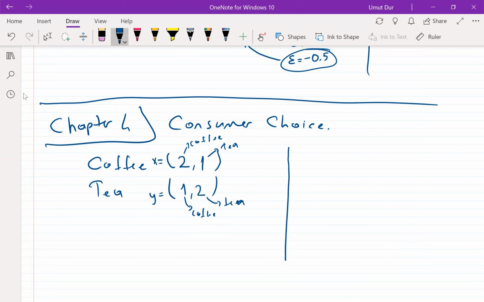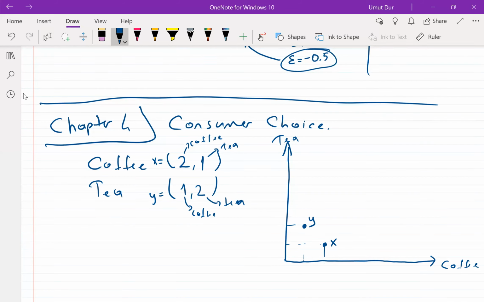Let me try to draw it on a graph here. So let's say this part is coffee, this part is tea, this is bundle X, and this is bundle Y. Which one would you prefer, bundle X or option Y?